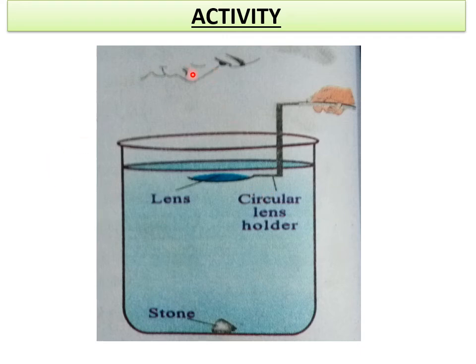Because we have seen the images through a convex lens, the candle images were real and inverted, sometimes diminished, sometimes enlarged. That is the reason you have to keep your face above the lens so that you can see the stone which is placed at the bottom of the vessel.